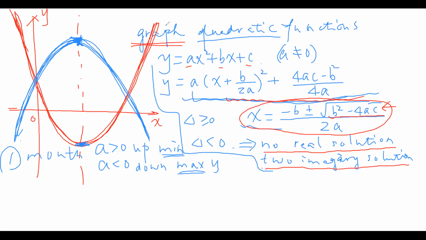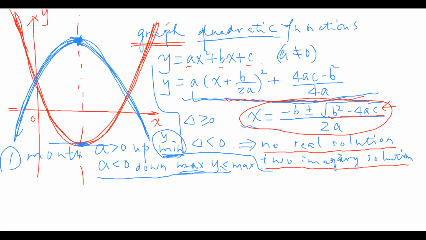The mouth opens up or down, and when it opens up, y has a minimum value, so most y values are greater than this minimum. When a is less than 0, the parabola is like a mountain, and the peak is the maximum value, so y is less than or equal to this maximum.